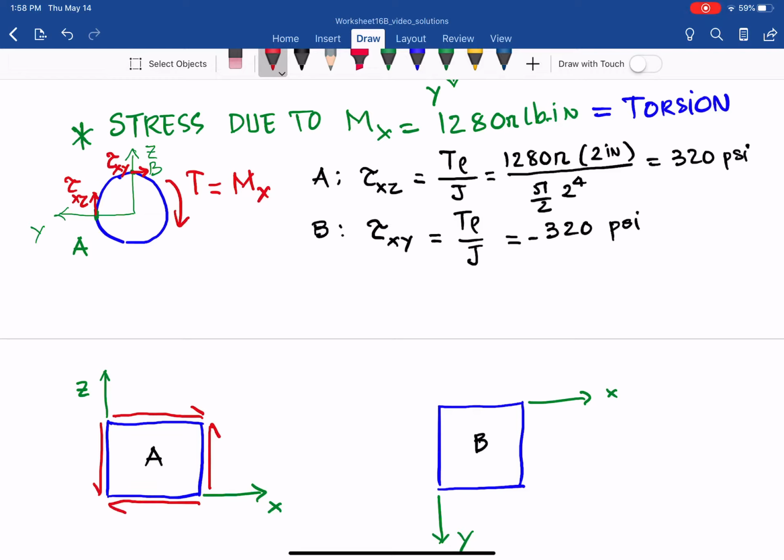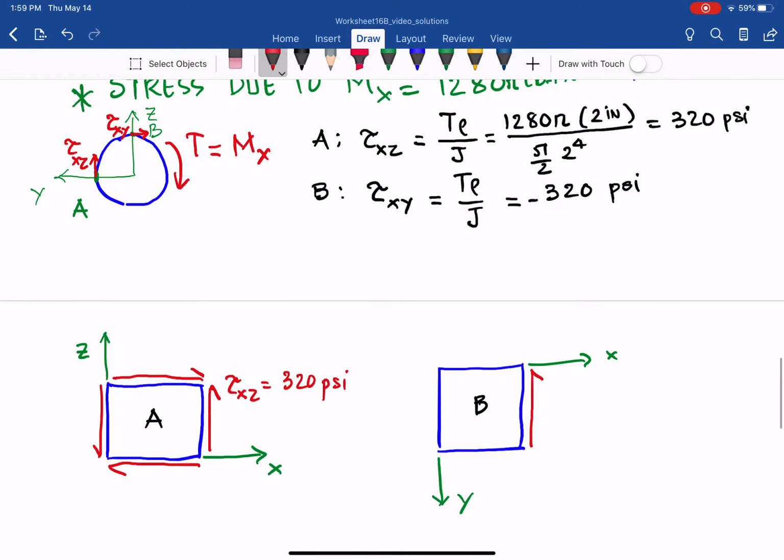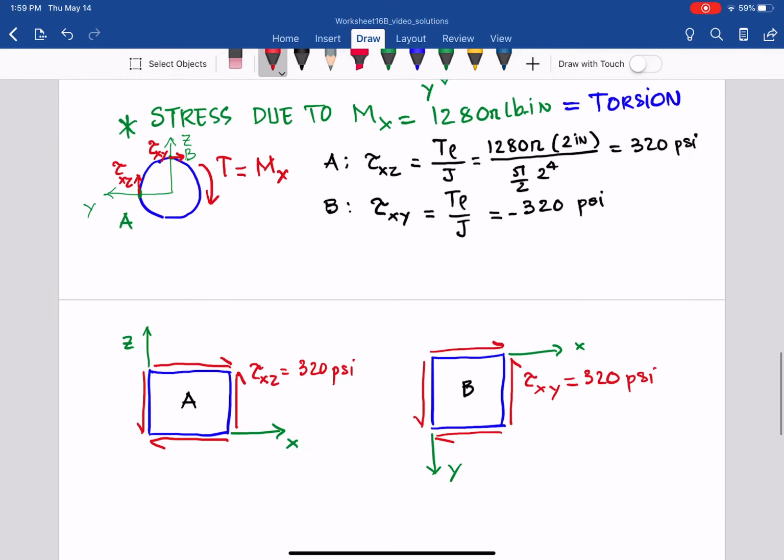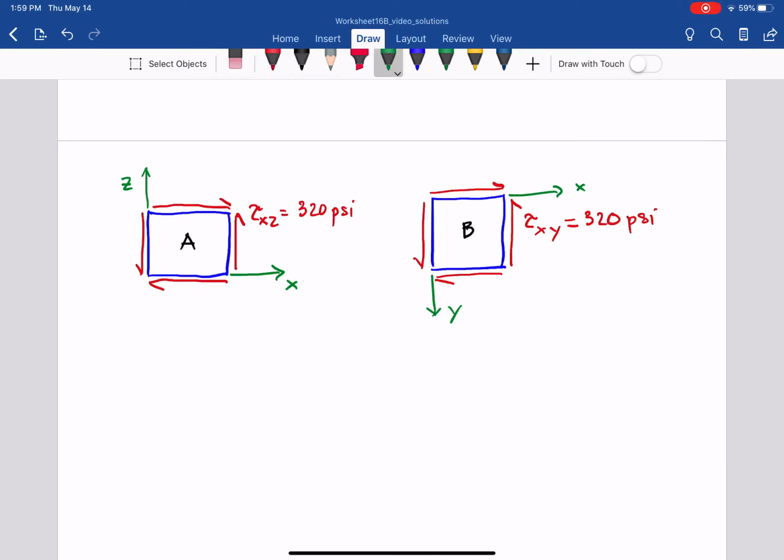So that is tau XZ, 320 psi, and tau XY for B equals negative 320. On the positive x-axis it will be opposite of y. My y positive is going down, so that one goes down. And tau XY equals 320 psi. So that is the stress due to Mx, and then you can continue to the stress due to My.